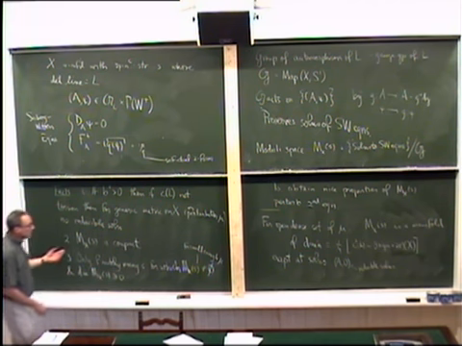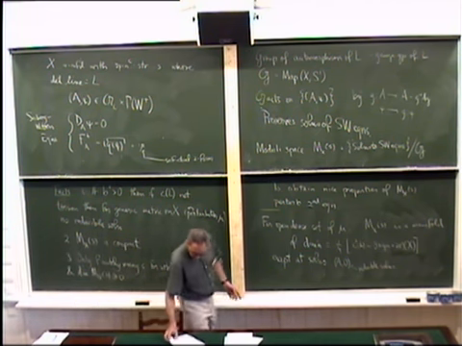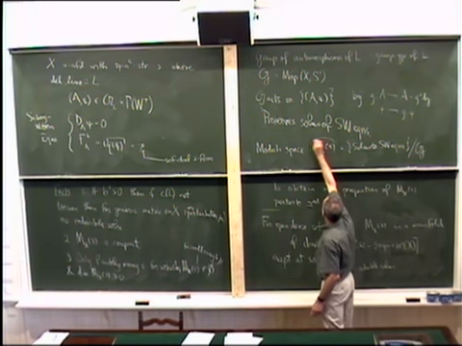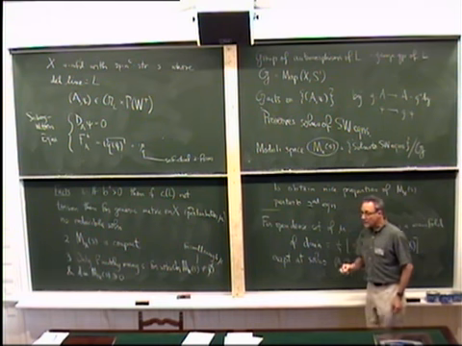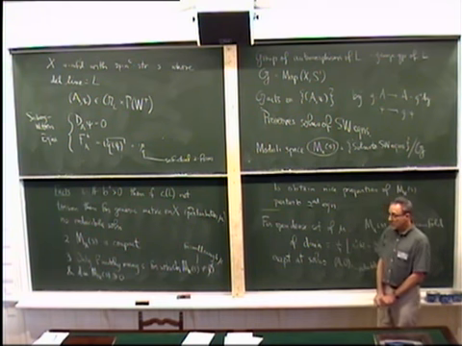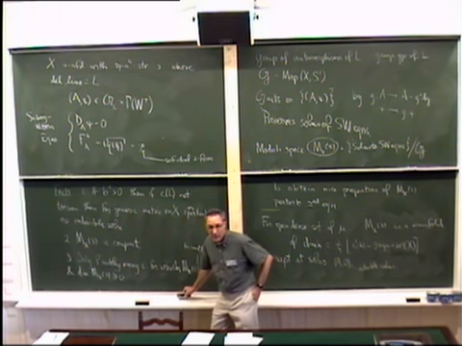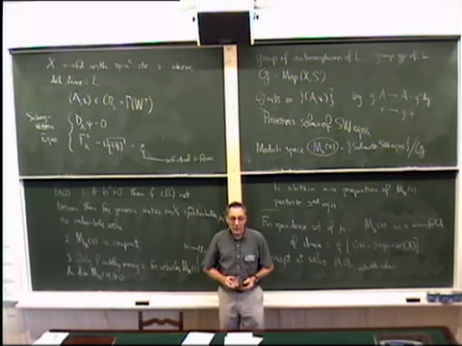Okay. So given these facts, one can use this moduli space to get invariants of 4-manifolds. So let me say how. What is S? S is a spin C structure.